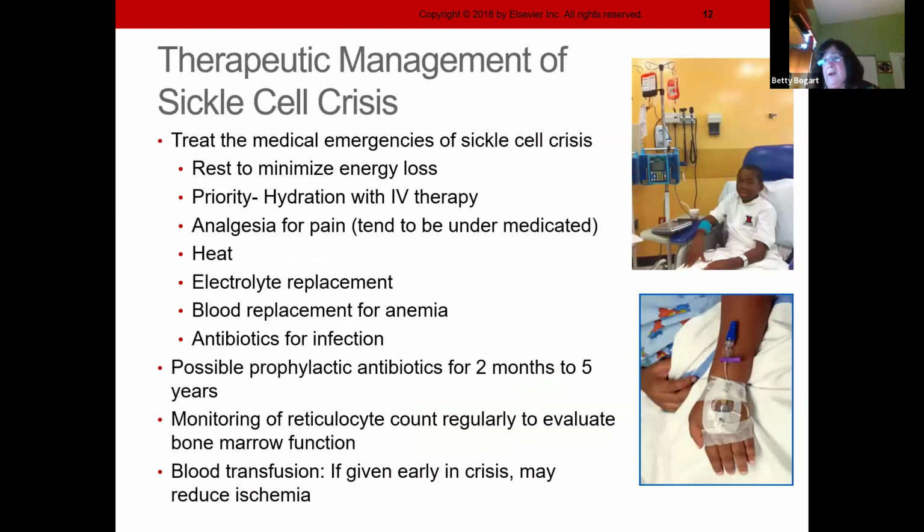So, priority treatment, fluids. Now, doesn't mean I don't have pain medicine in the other hand, because I do. But your priority is to dilate those vessels. So I'm going to have a heat pack. I'm going to start an IV, and morphine is usually given. And then after a while, they usually get this sensitivity.